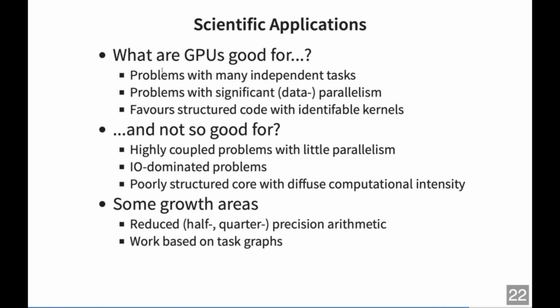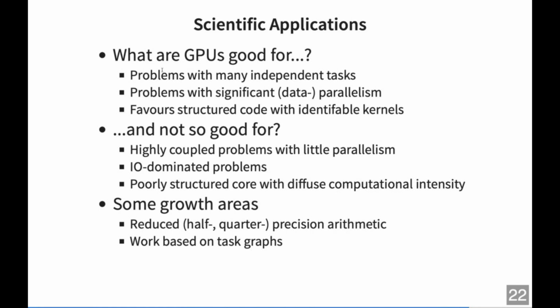There are also some areas where there has been an increase of interest in the last few years.